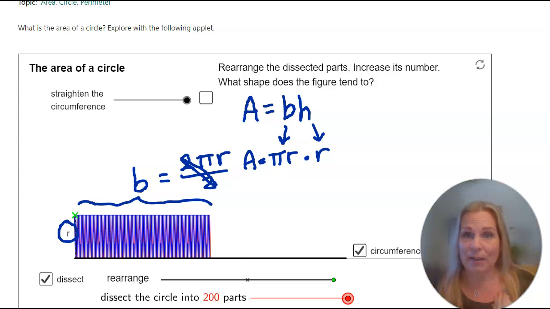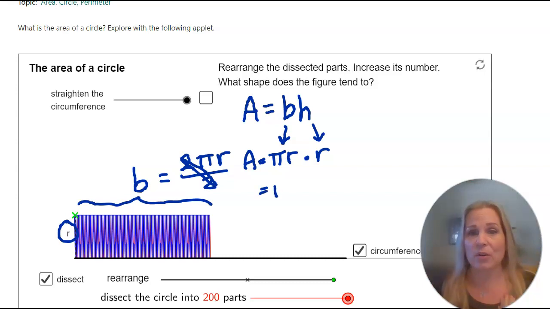Now, I might have you write this as r pi. But the way you're going to see it written most of the time is pi r squared.